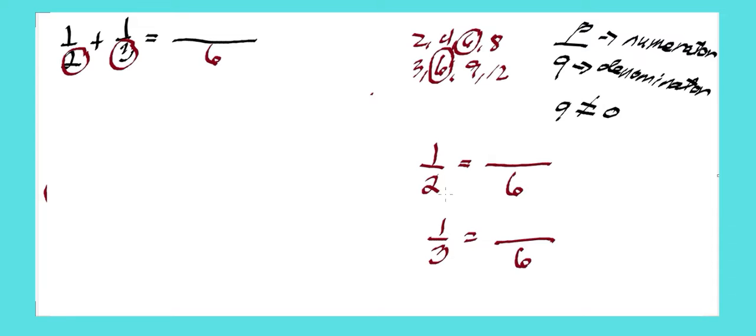Okay, so all you need to do is just to follow the direction that I'm going to explain. Okay, 6 divided by 2, the answer will be 3. Okay, and whatever the answer here, the quotient, you multiply it by the numerator, and then the answer is here.